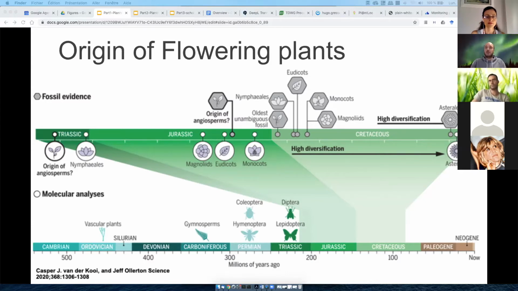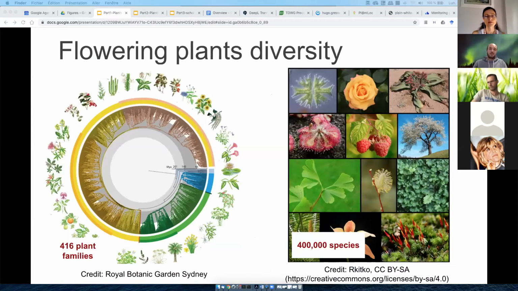But molecular analysis dates the origin much earlier, in the Triassic, more than 60 million years before. But whatever the real date of this origin, since that time, evolutionary forces have contributed to highly diversified flowering plants. And now flowering plants are everywhere on Earth.